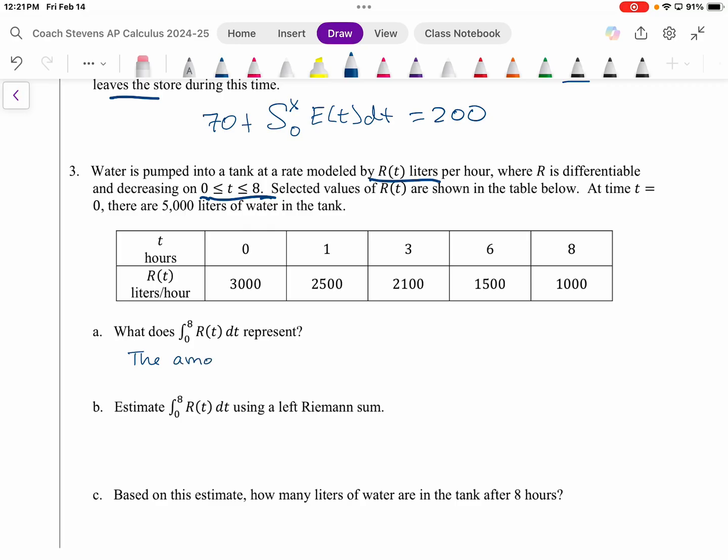So the integral of R of t is the amount of water pumped into the tank over the first 8 hours.